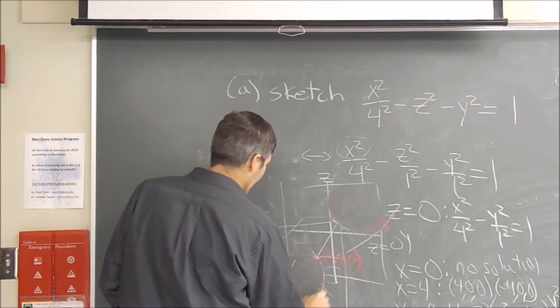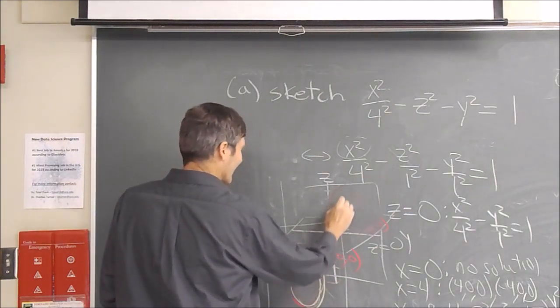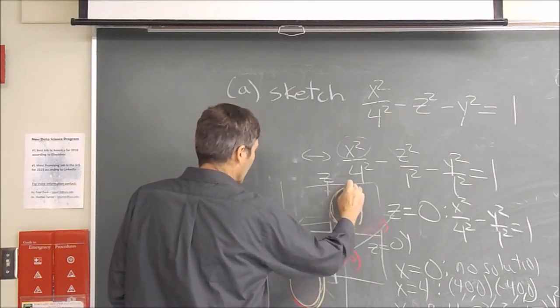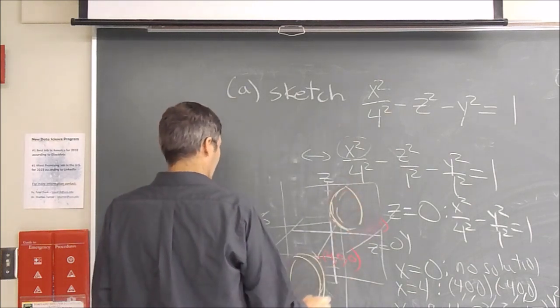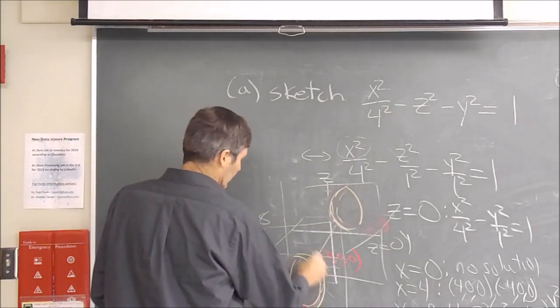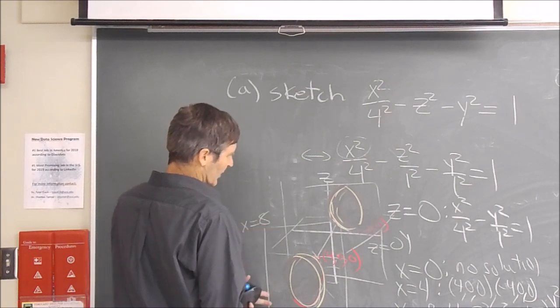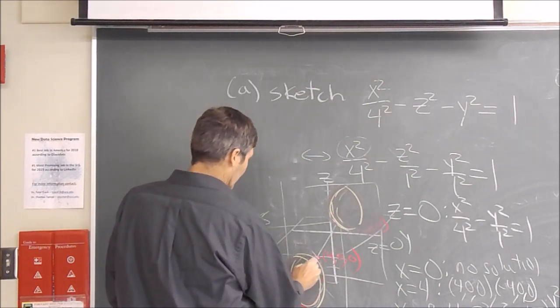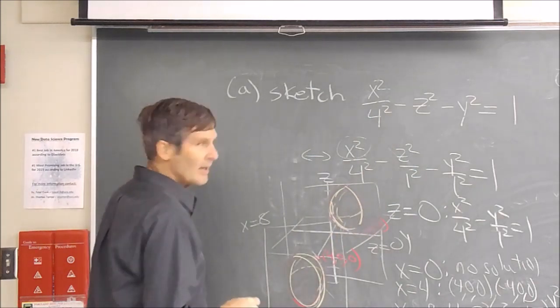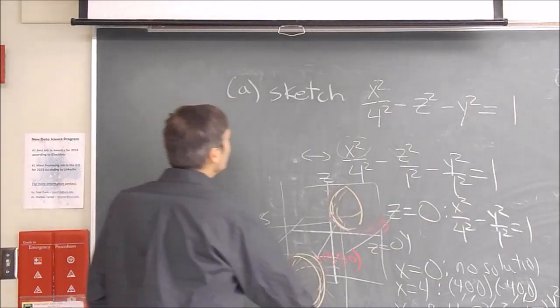These are hard to draw. Like that. And like that. A sheet coming out this way and a sheet going out that way with elliptical cross-sections parallel to the YZ plane and hyperbolic cross-sections in this direction. So that's how you can draw a lot of these.